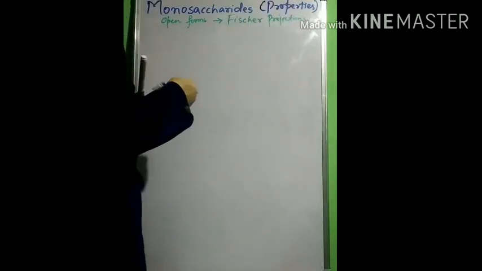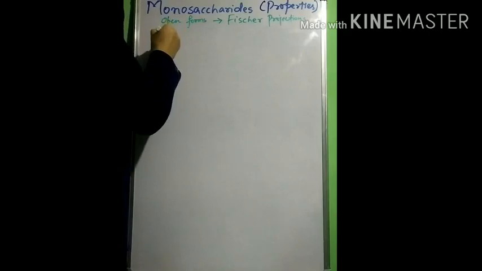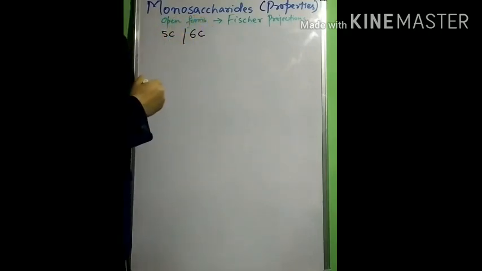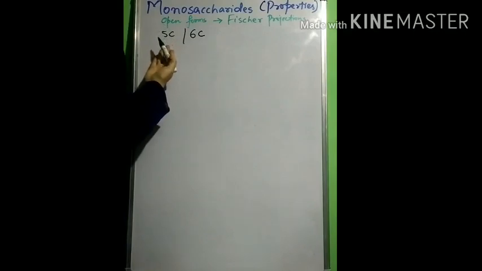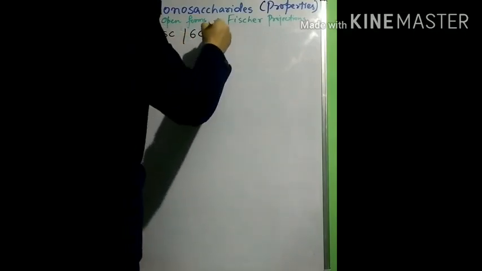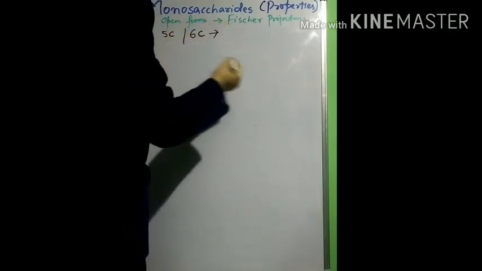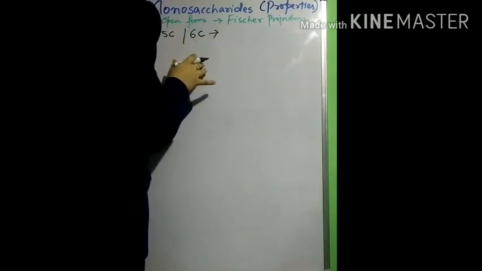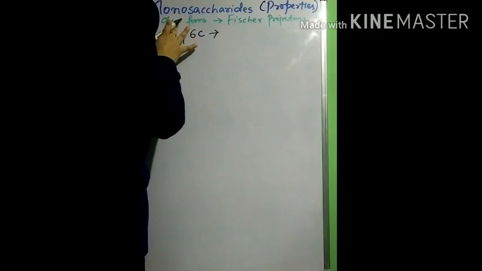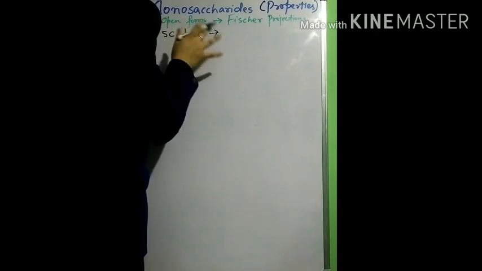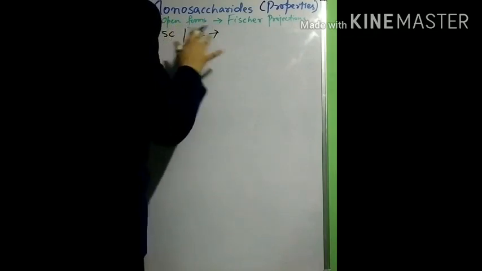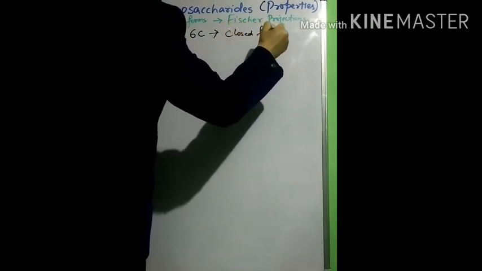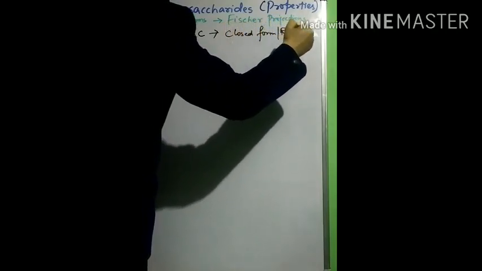Then I told you that if you talk about a 5-carbon monosaccharide or a 6-carbon monosaccharide, for example ribose or hexose, they are not stable under aqueous medium. You will not find them in open form in aqueous medium. They are unstable in that form. So they take a closed form, or what you call a ring form.